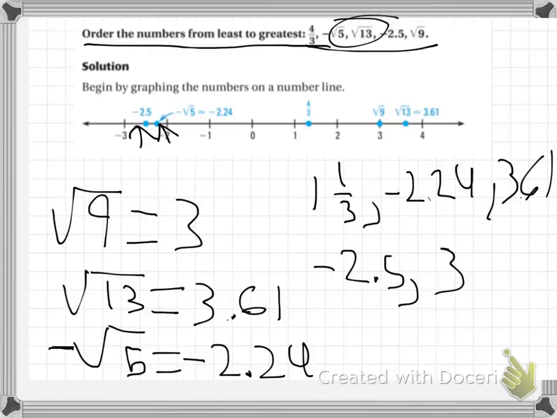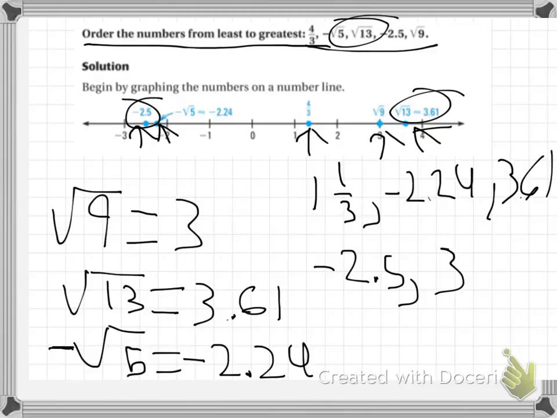Then the next number is 1 1/3, so you plot that right there. The next number is the square root of 9, which is 3, so you plot it at 3. And then the square root of 13 is 3.61, so you plot it there. And now it just goes in order from least to greatest.